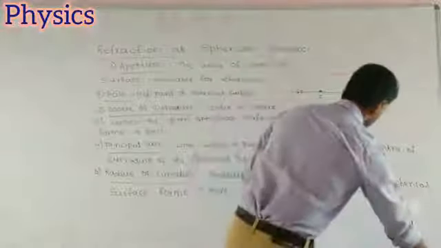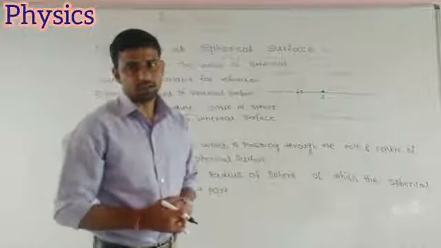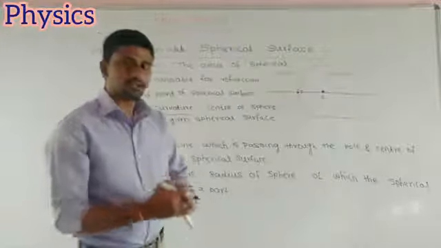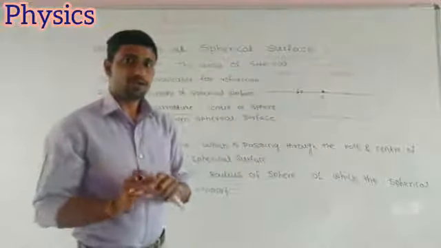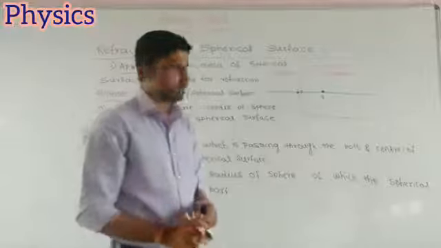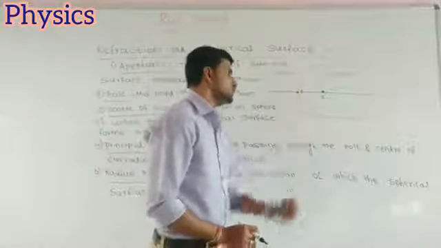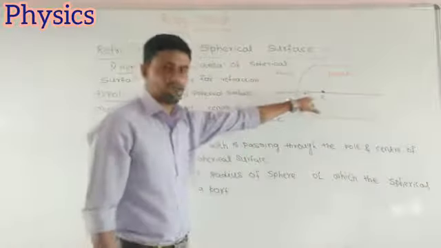That means if we consider one sphere, it has one radius, right? Radius is the distance from the center to any point on the surface of the sphere. You can call it the distance from the pole to the center of curvature of the spherical surface.